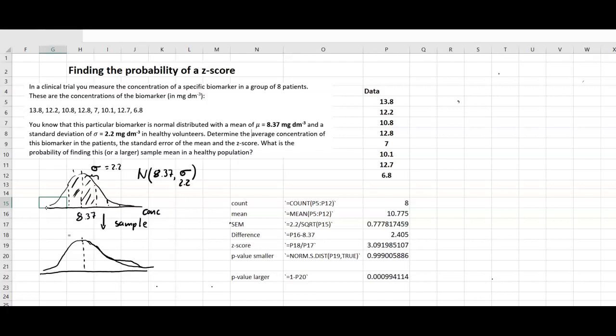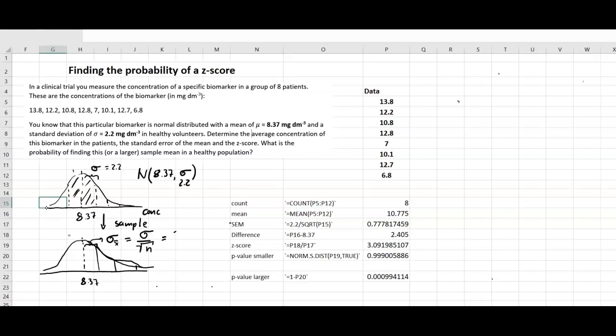Again, it is centered around 8.37, but our standard deviation for this normal distribution would be much smaller, because now this standard deviation is the standard deviation of the means, and this would be our original standard deviation divided by the square root of the observation.